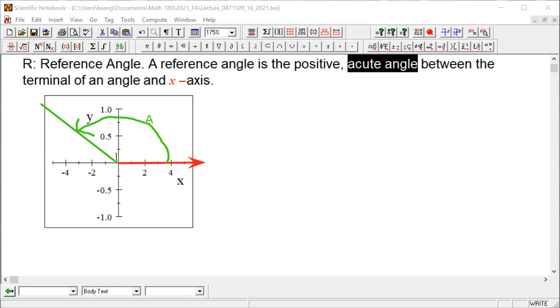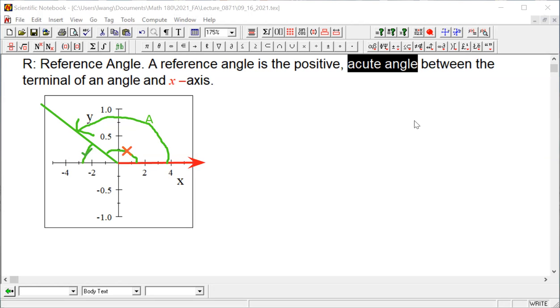Between the terminal and x-axis, right? This is one angle, and there's another one. Which one will be qualified as a positive acute angle? Obviously, it's going to be this one, not that one.